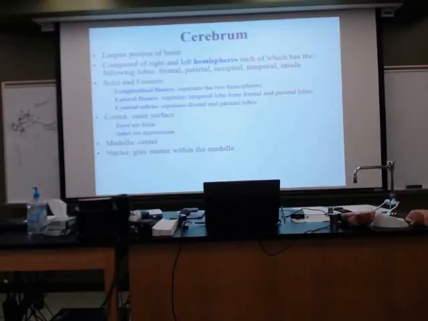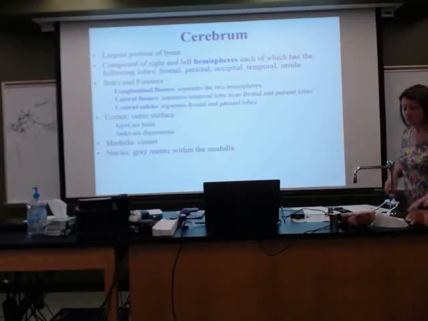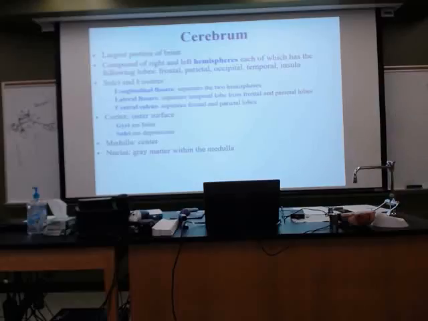But that's deep within that tissue, okay? So it actually has to be gently cut and lifted up to expose the insula. The structure has our sulci, fissures, okay, the gyri that are present.